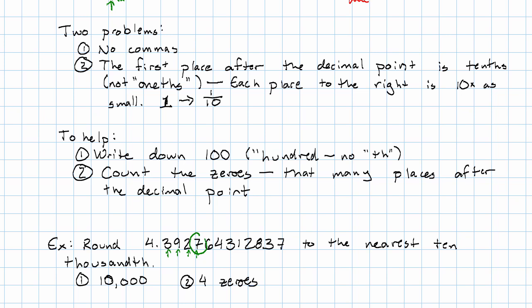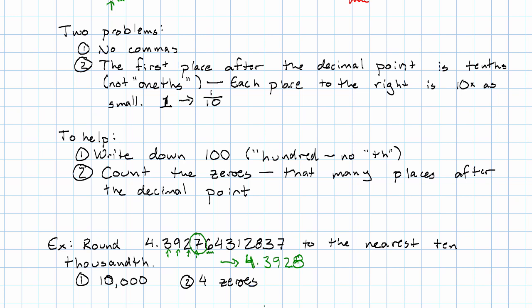This is my place I'm going to round to. Look at the next digit. That's more than 5. So I want to round up. The 4.392 stays. I'm rounding up, so 7 goes up to 8.